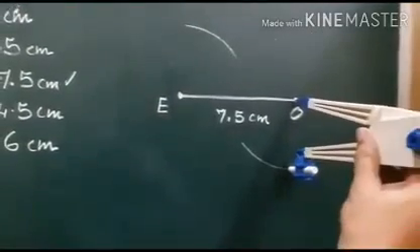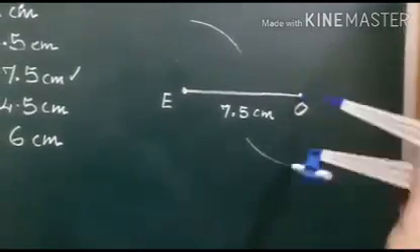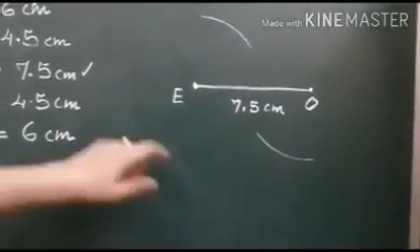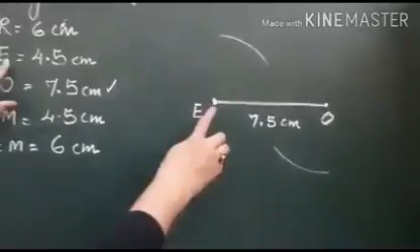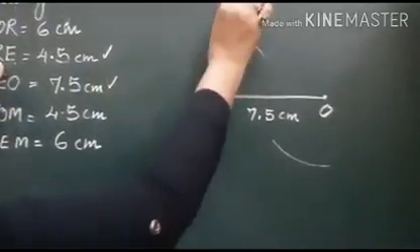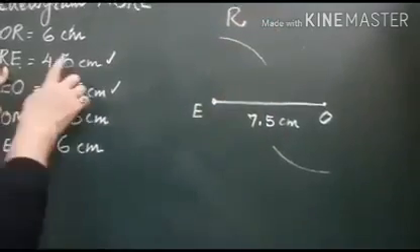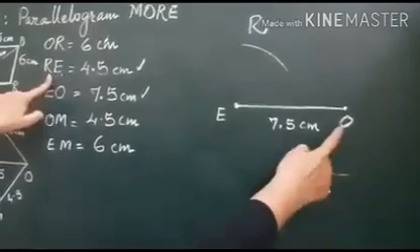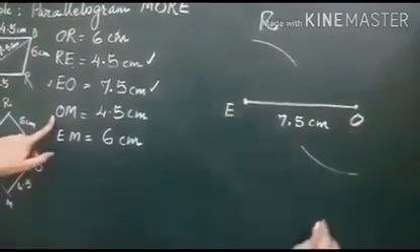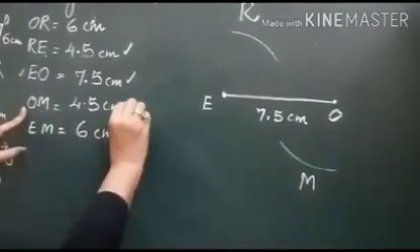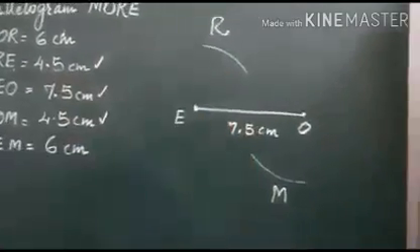Same radius, so that you don't have to change the radius of the compass again and again. So which two sides have we drawn? From E to R, this 4.5, somewhere here we will get our R. ER we have drawn 4.5, and we have also drawn OM, which is somewhere here you'll get your M as well. OM 4.5. So these things we have already drawn.